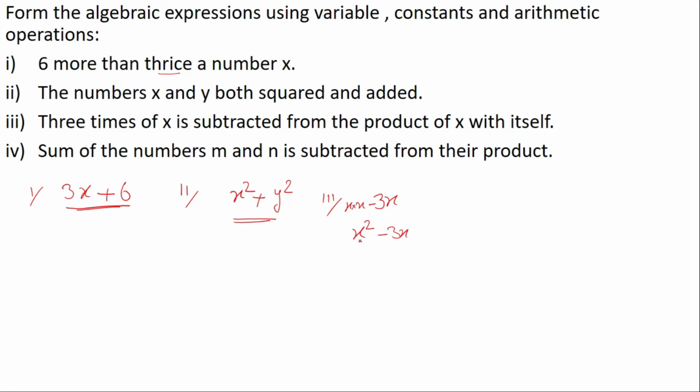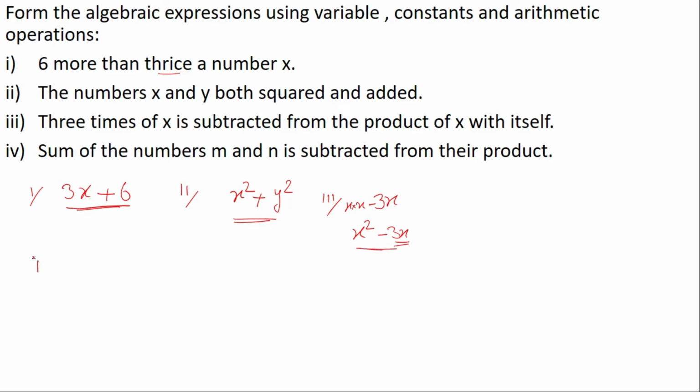Now relate the algebraic expression with the question. So 3 times of x subtracted from the product of x with itself. Product of x with itself means x into x, or we can write x squared, and it is subtracted.